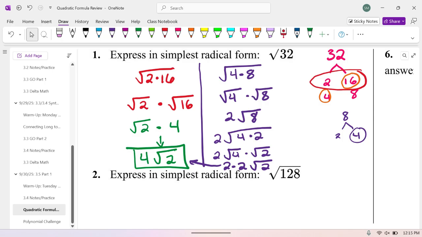Okay. First thing you want to do is factors of, and we're looking for a set of factors.